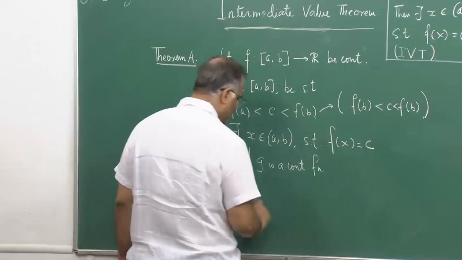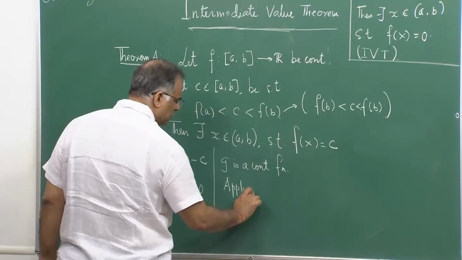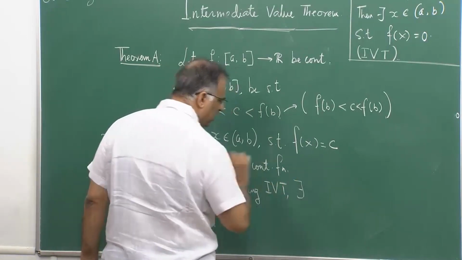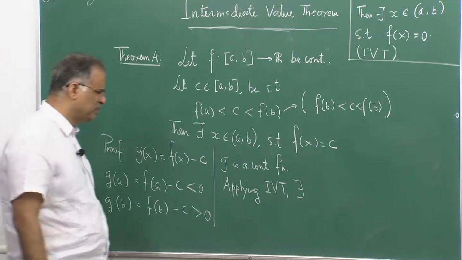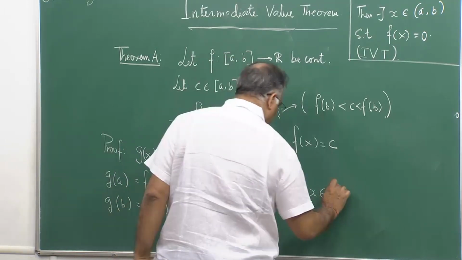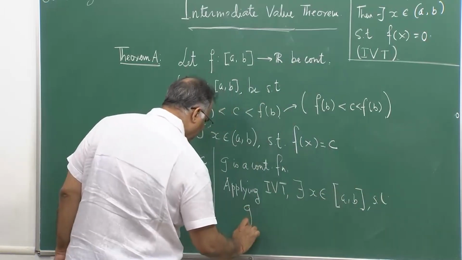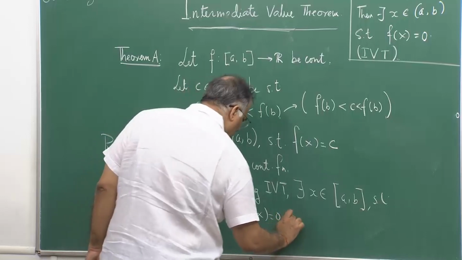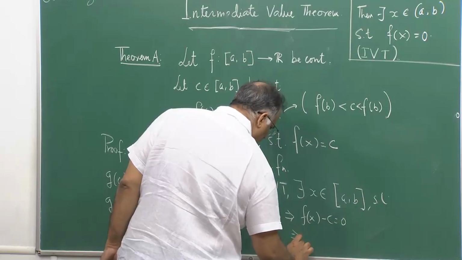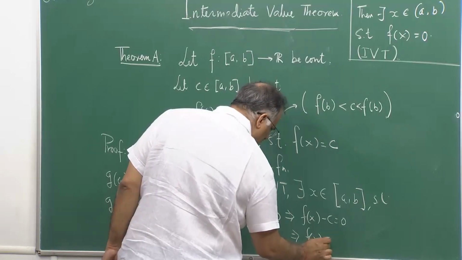Hence, applying IVT, there exists x in the interval (a,b) such that g(x) is equal to 0, which would imply f(x) minus c is equal to 0, which would imply f(x) is equal to c.